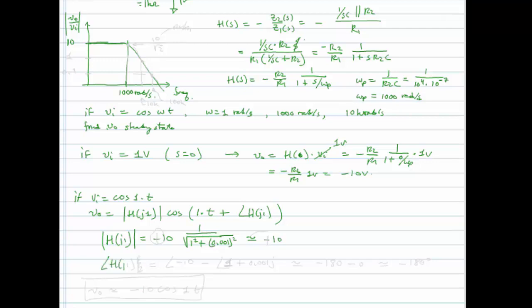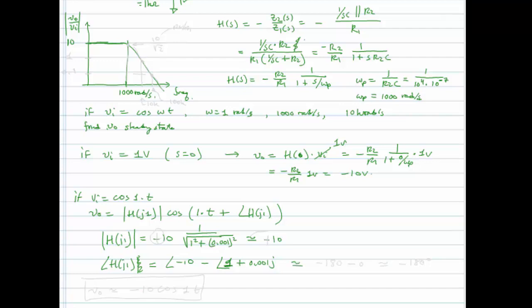The angle of the transfer function is going to be the angle of the numerator, which is the angle of minus 10, minus the angle of 1 plus 0.001j.